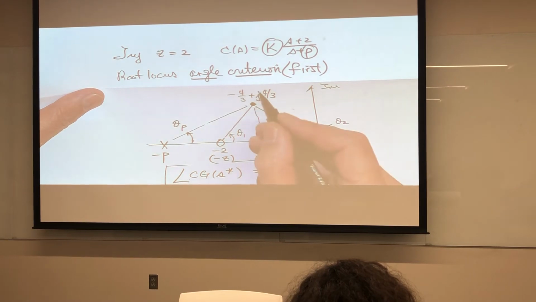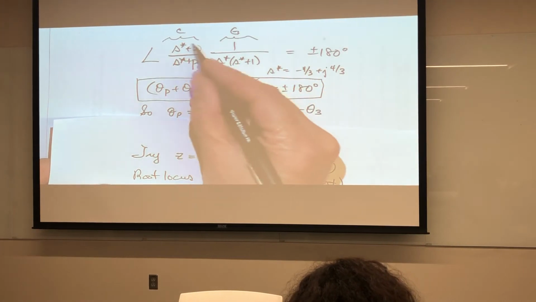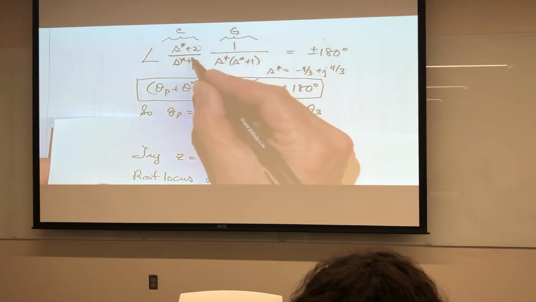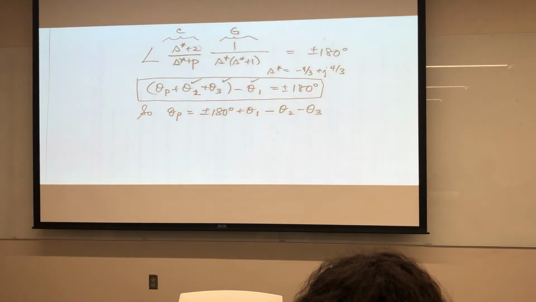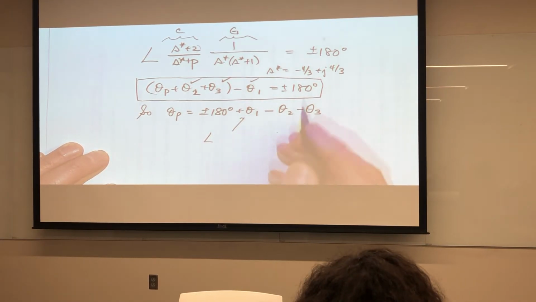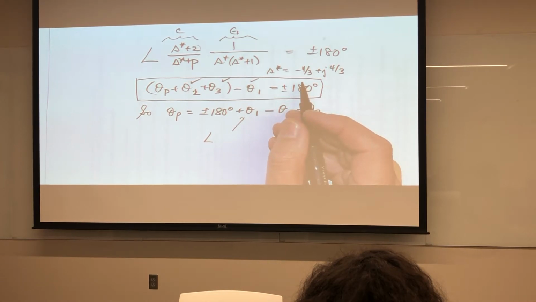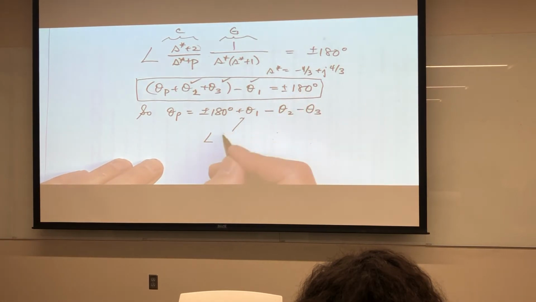So stick this into here. Theta 1 should be the angle of 2 plus negative 1/3. Oh man, this is 6/3, 2/3 plus j 4/3.